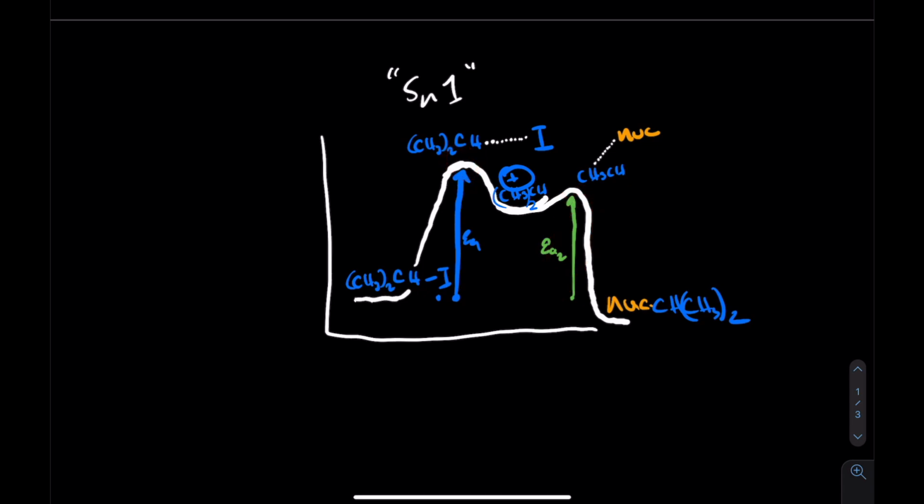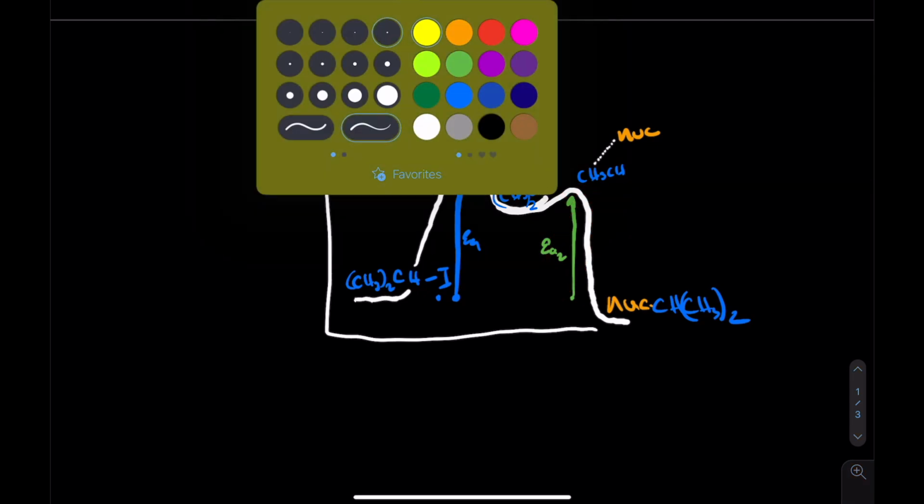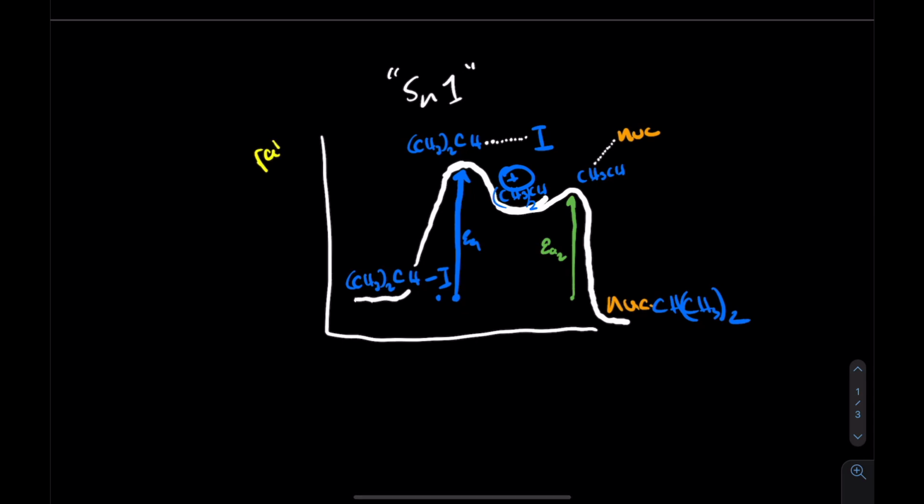So what you end up with is something called the rate limiting step, all right? The rate limiting step essentially is whatever the highest bump is, whatever the highest activation energy. No other activation energies actually make any difference because they're all going to be lower. So as a consequence, in SN1, the only thing that matters is this hump.